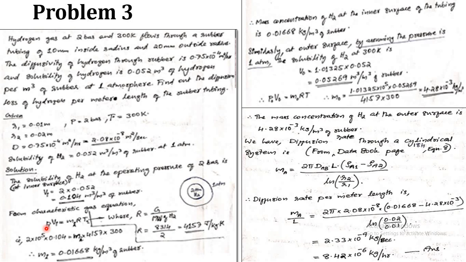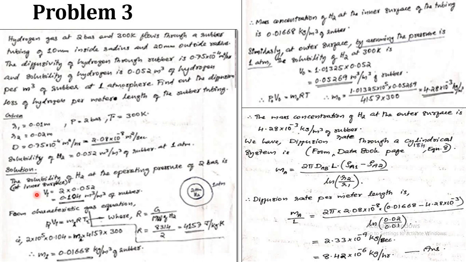Before applying the characteristic gas equation at the inside, we need to find the solubility of hydrogen at the inside of the pipe. The inside pressure is 2 bar and the solubility of hydrogen is given at 1 atmosphere, so we need to change that corresponding to 2 bar.